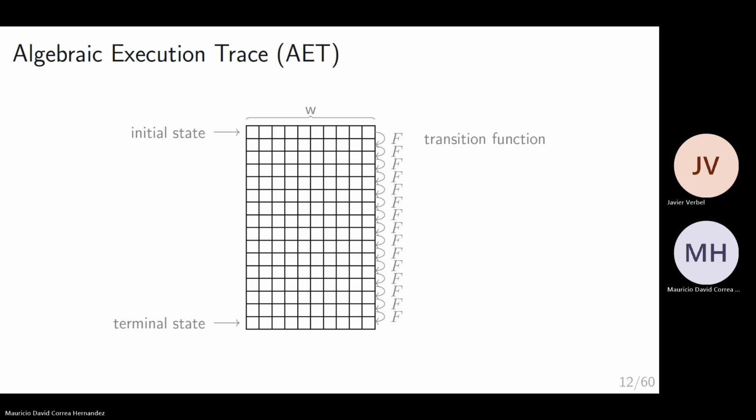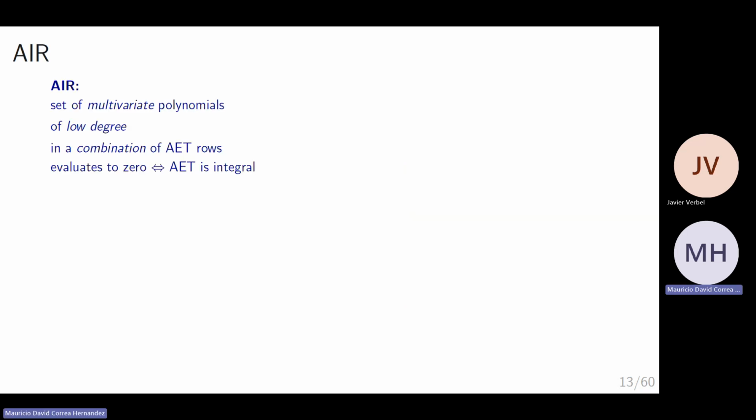Okay. So the AET is just a large table of all the state values across time. And then we need to define the constraints that capture in polynomial terms what it means for that trace to be integral. So the AIR, and going forward, I will not use the full term algebraic intermediate representation anymore because AIR is simpler. And because I wouldn't say it's a representation, I wouldn't say it's intermediate.